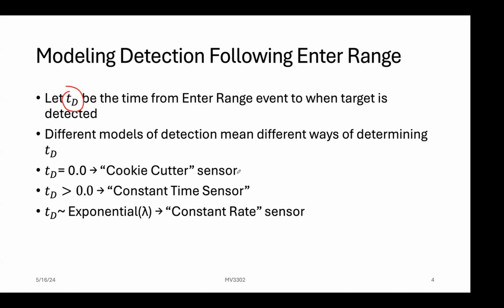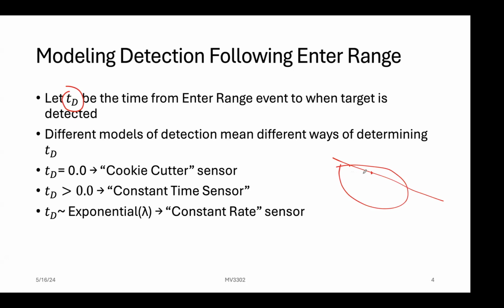So in other words, the time between when I enter here and when I actually detect it is just going to be some constant amount. Now, the people who study this don't really talk about that. Why? Because it's not very interesting, because they want the probability of detection. But okay, that's the next simplest thing.